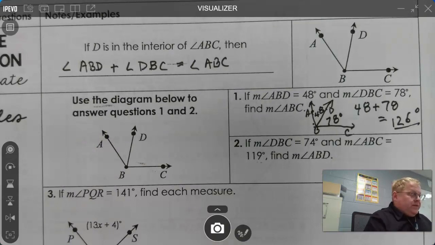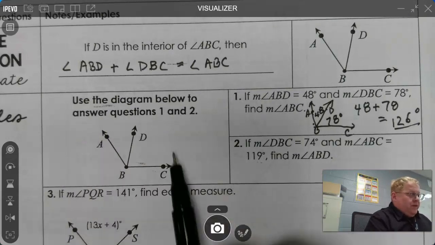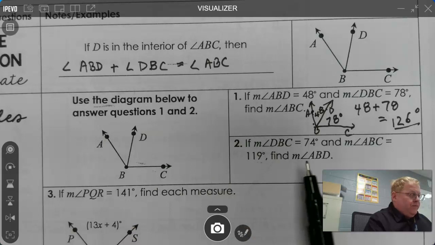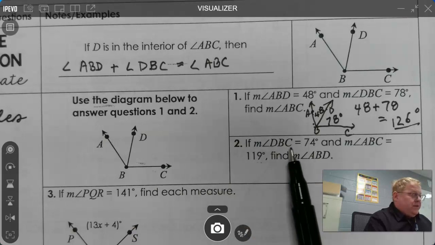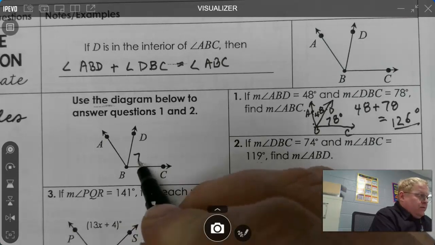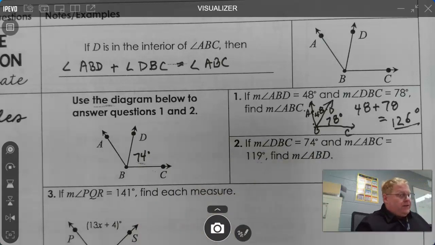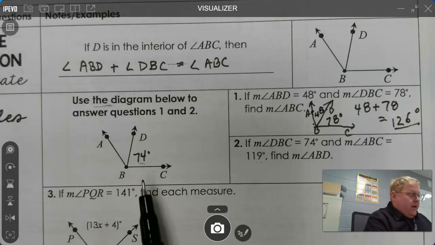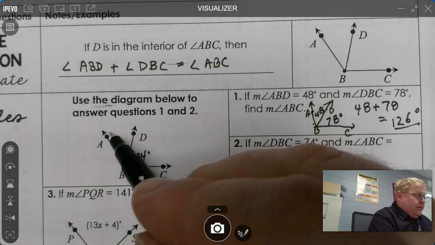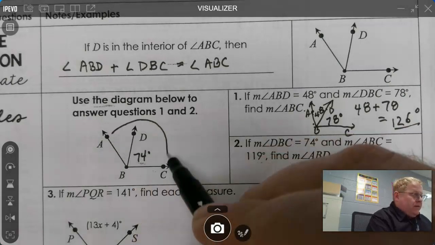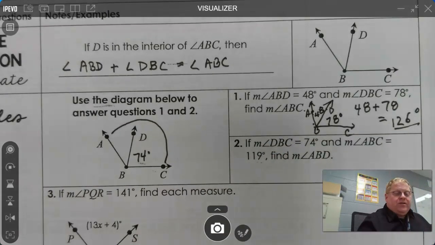Alright. I'm going to use this picture off to the left for this problem. DBC is 74. Again, we write our angle measures inside the bend of the angle. ABC, that means the whole thing, so I'm going to go like this to show that I'm talking about the whole angle.